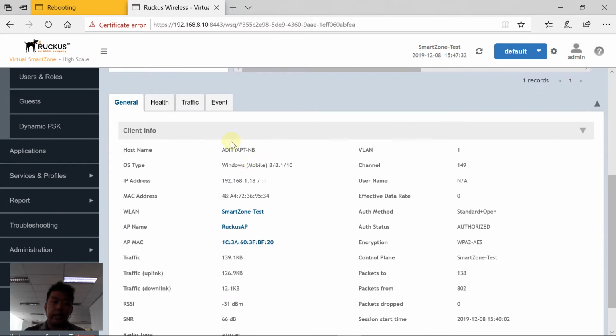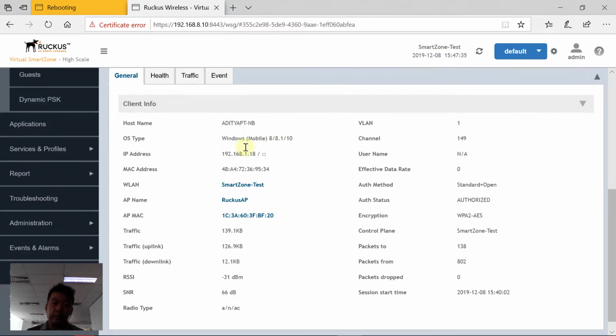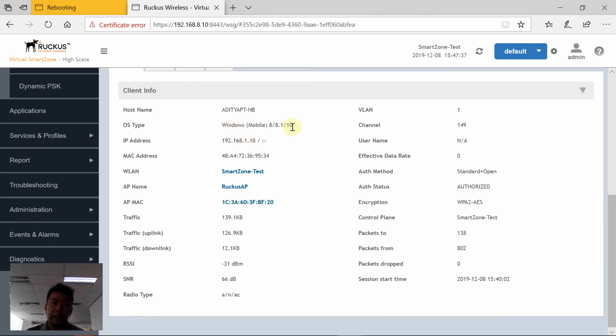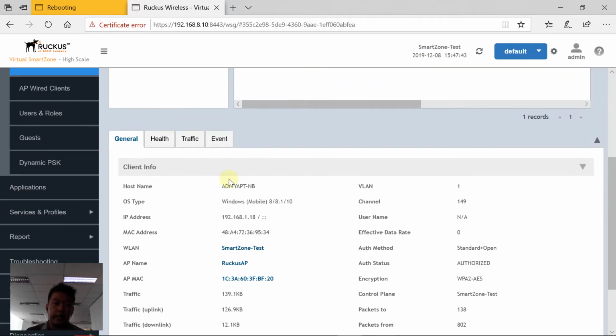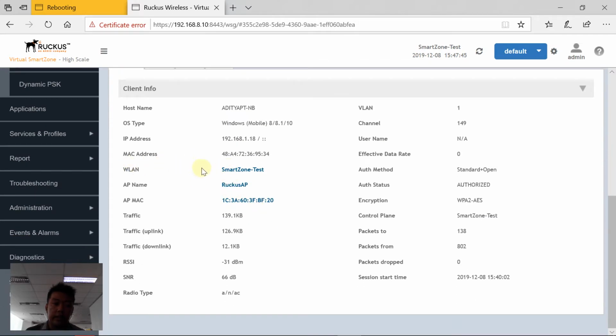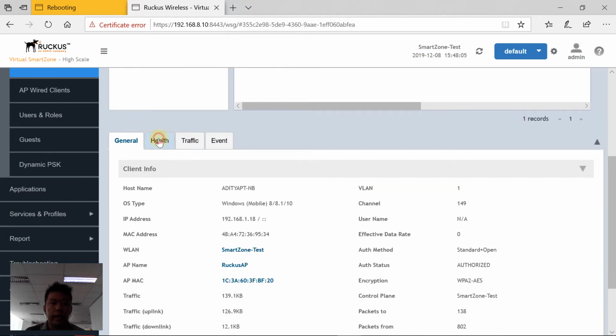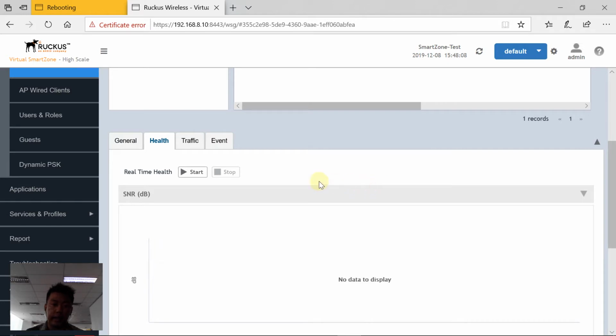Here, you should find the host name and the operating system of this client, IP address, MAC address, SSID and AP, which AP it is connected to, and how good the client is connected to the access point. And then we can do a health check.